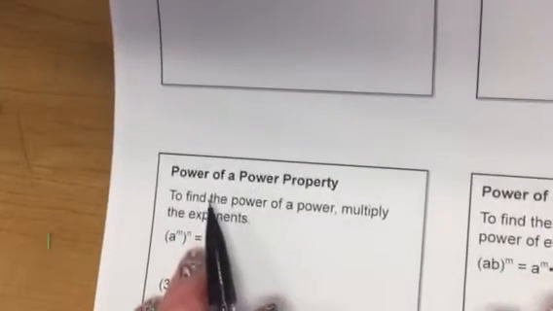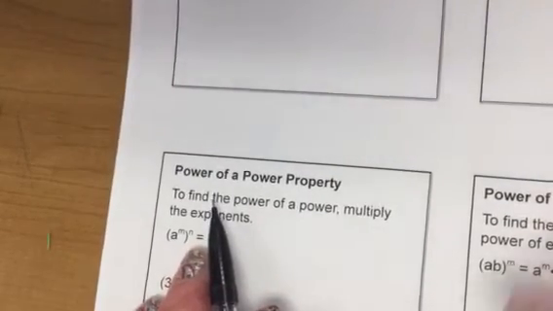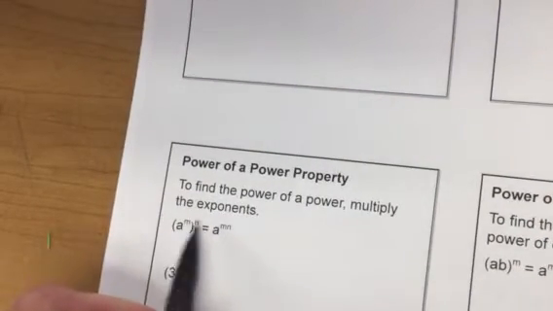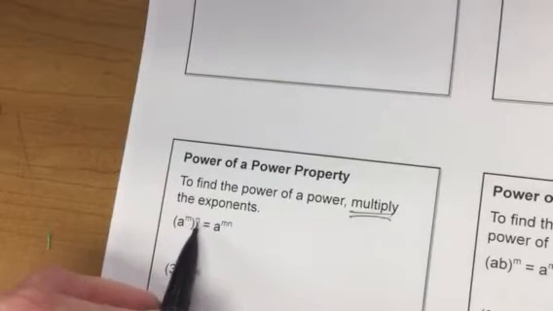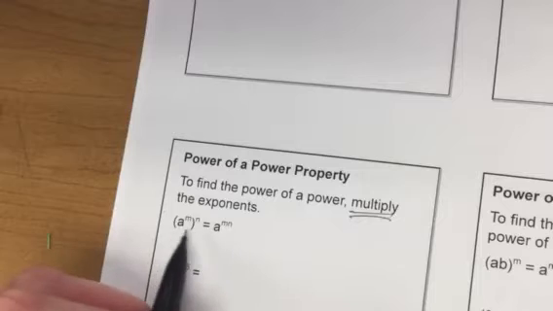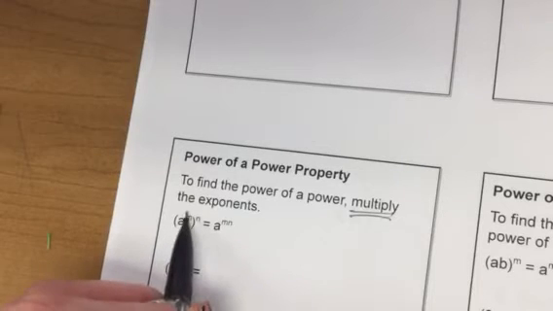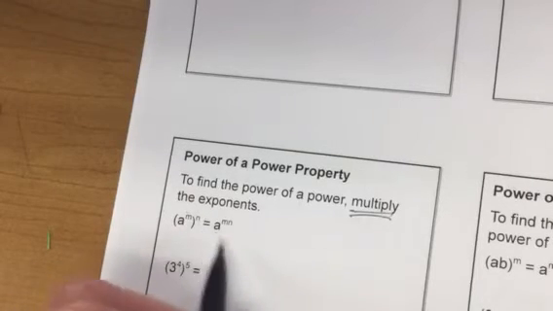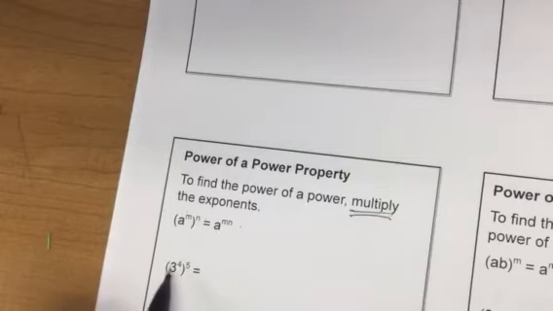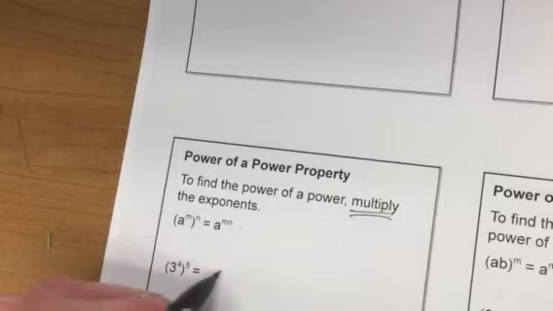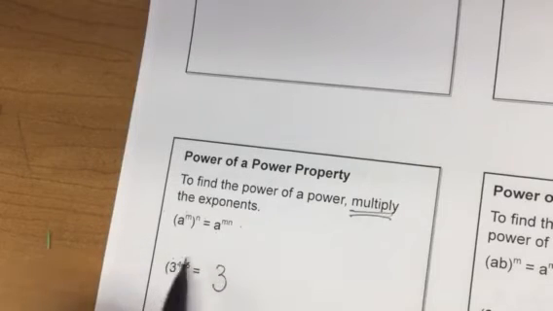If I have a power of a power, you multiply the exponents. That means I've got a power on the outside. So a to the m to the n is a to the m times n. So 3 to the 4th to the 5th would be 3 to the 4 times 5, which is 20.